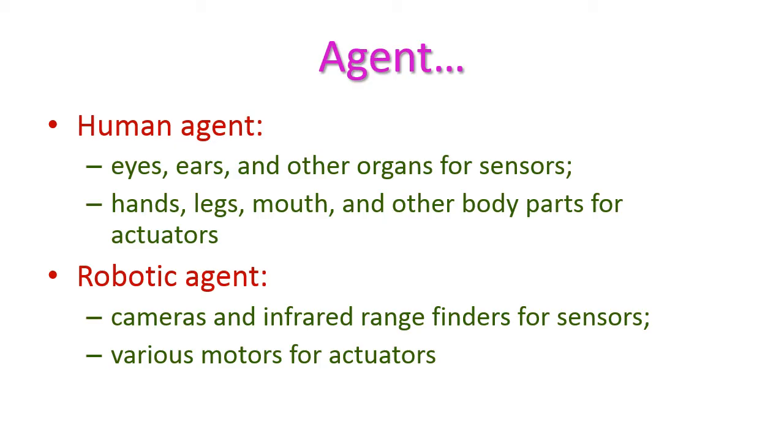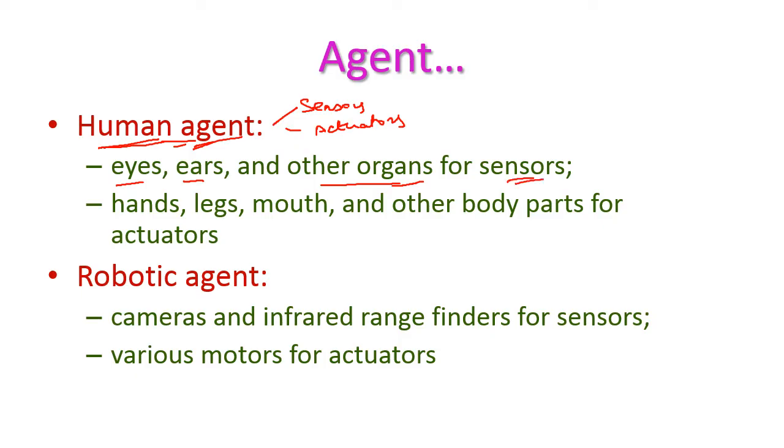Here let us see some examples for this agent. If it is an agent, it should have sensors and actuators. If it is a human agent, we can consider a human as an agent. Then the sensors are eyes, ears and other organs, which are used to observe the environment.